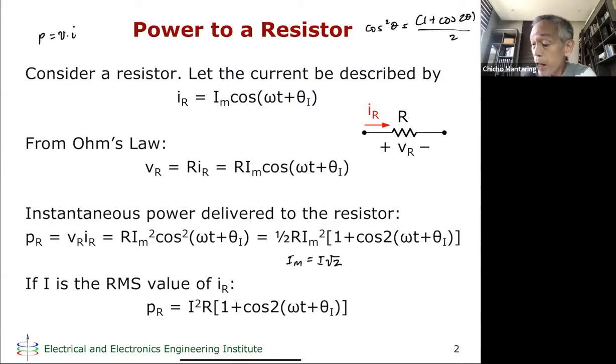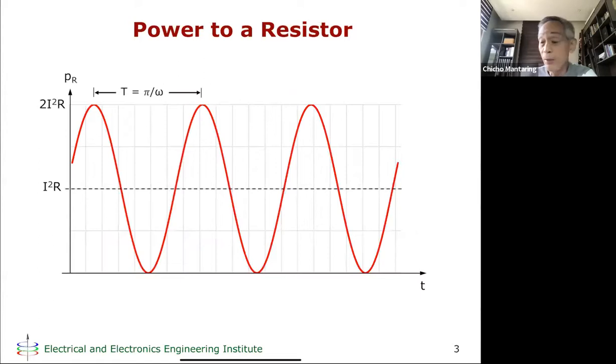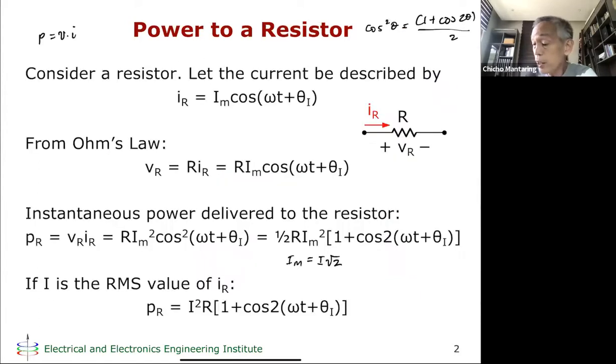So this is the expression for P of r. Again, this is the instantaneous power that is delivered to a resistor. If I plot this, this is the plot that comes out. You notice that here you have two components. I can split this into two components. This is equal to I squared r plus I squared r cosine 2 omega t plus theta I. So this is a constant.